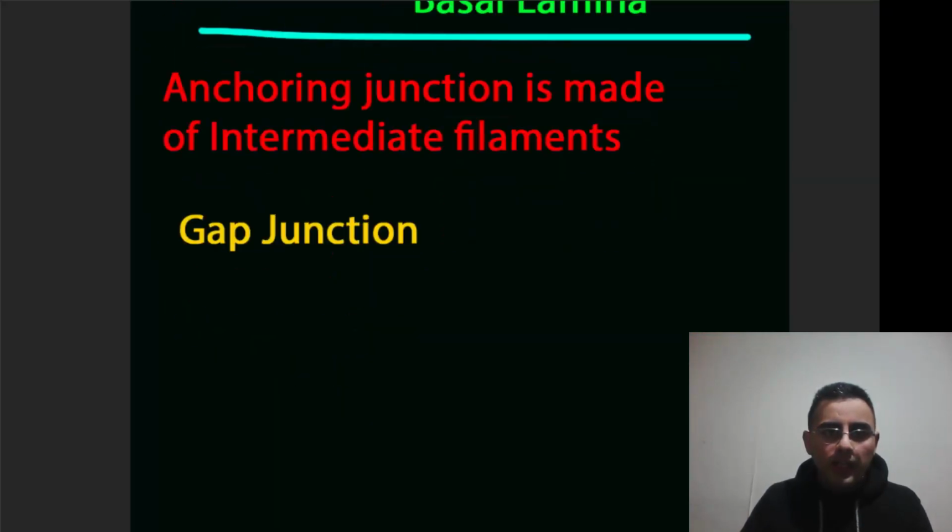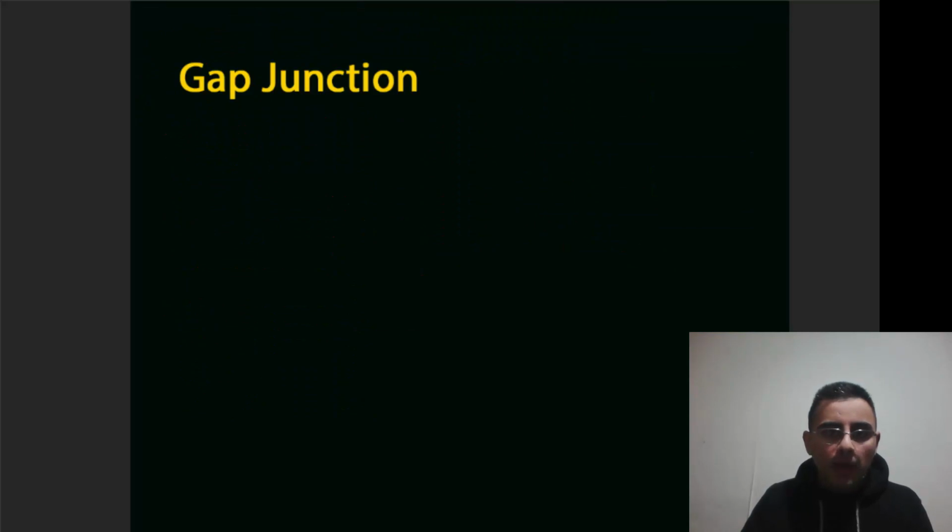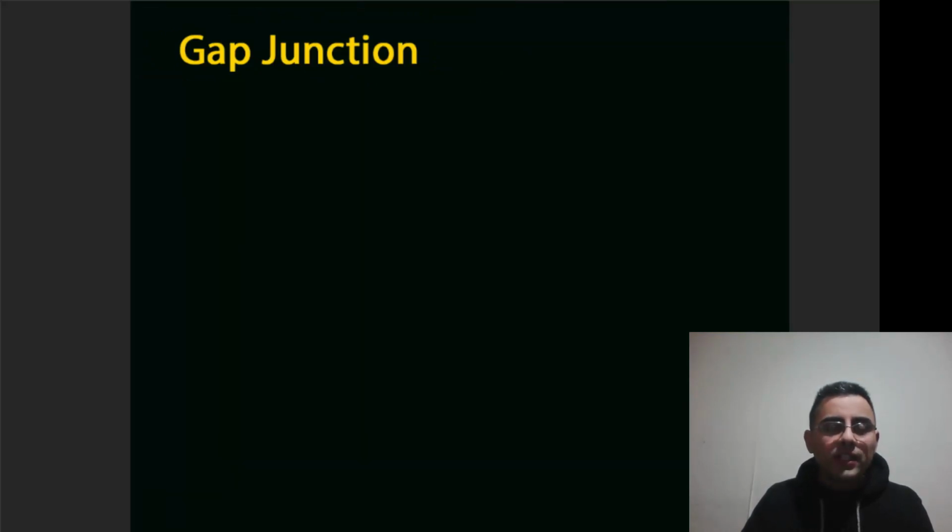Gap junction is actually for connecting two cells to exchange information, molecules, and ions.